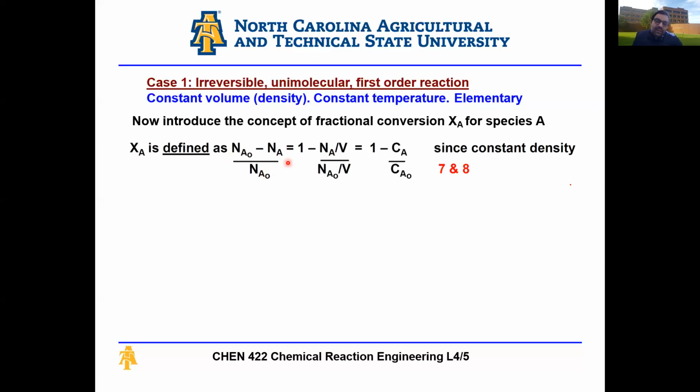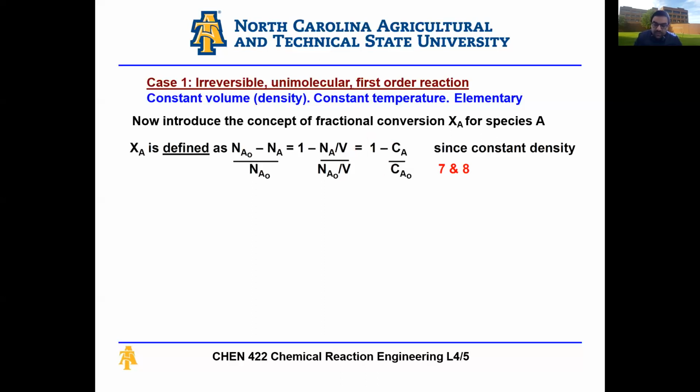And if I do some algebra here, I get NA naught divided by NA naught minus NA divided by NA naught. This is 1 minus NA divided by NA naught. Divide by V to change it to concentrations. And again, we're assuming that the volume is constant. So if I divide this by V, I get the expression in terms of concentrations. Again, this expression is very important.